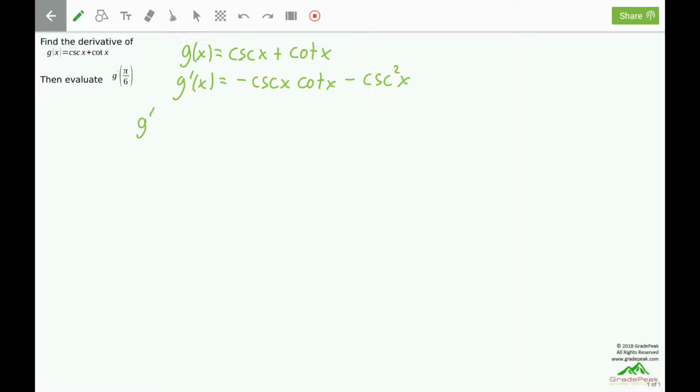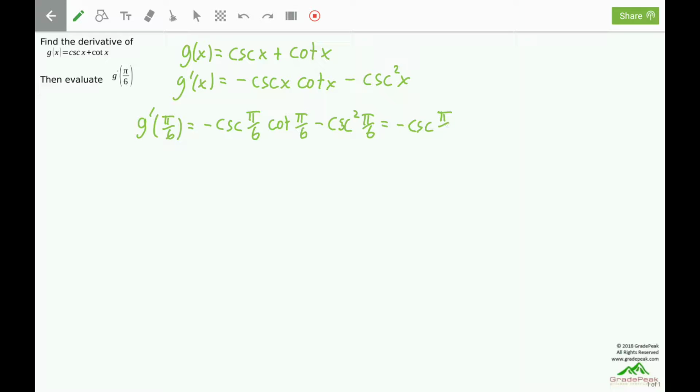That means to take g prime of x and plug in a pi over 6 in for every x. Negative cosecant pi over 6 times cotangent of pi over 6 minus cosecant squared of pi over 6.